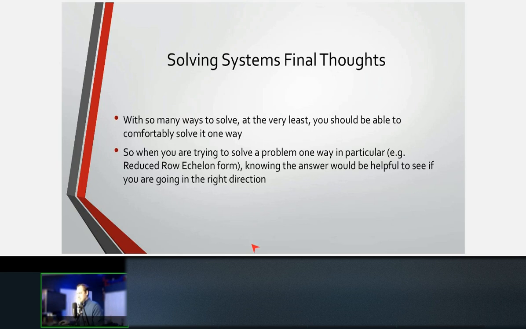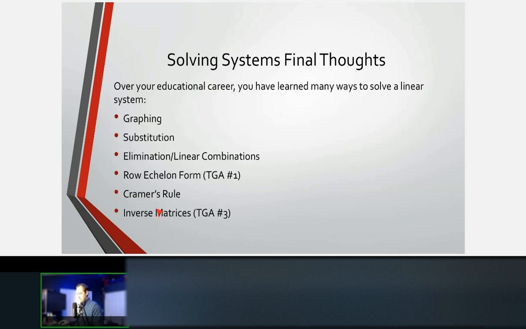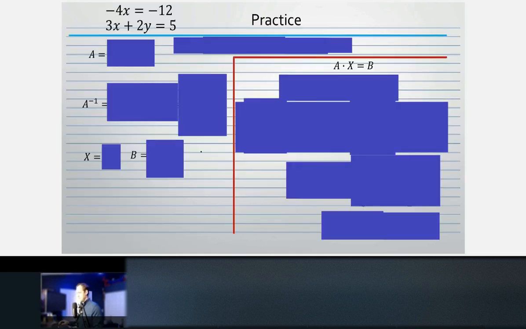So like I said, if you don't like the inverse matrix method from today, do a different method to first solve for X and Y, so you know what the answer is going to be, and then actually work it out. And then if you finish the problem and you get down to the answer, you got it right. Same thing goes for like REF or Cramer's rule or whatever.